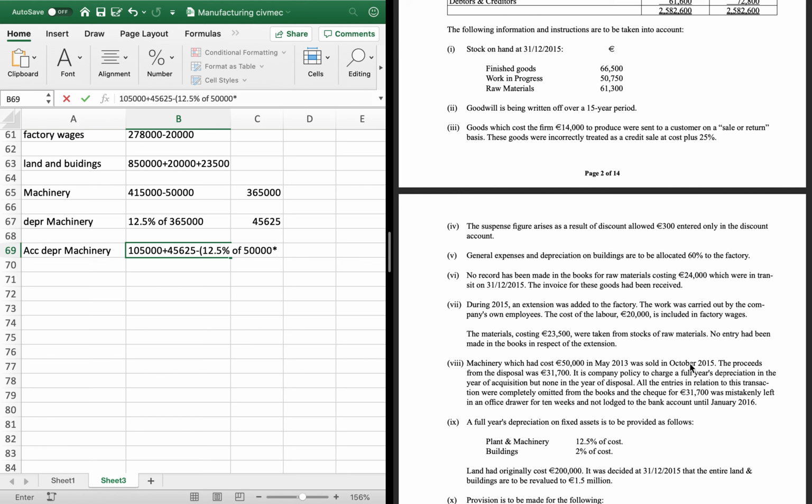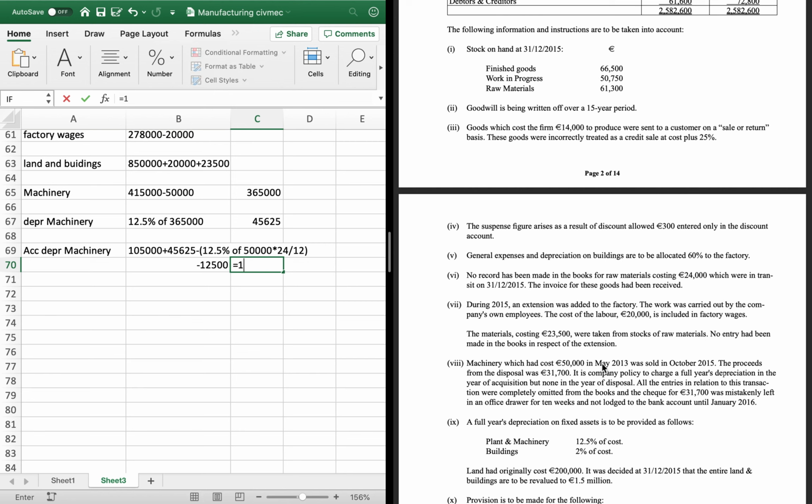You do not depreciate in the year you sell. So that's by 24 twelfths. So that is 12.5% of 50,000 by 24 twelfths, so by 2, which is 12,500. Okay, and that's what gets taken away from your accumulated depreciation.